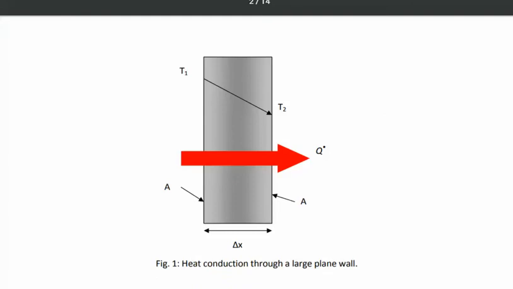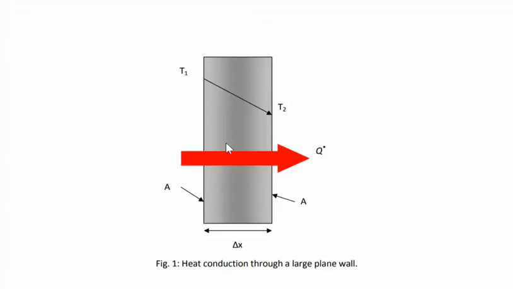Now you can see in this figure we have a plane wall where at the initial side we have temperature T1 and at the final side the temperature is T2. The energy entering the plane wall is the Q input, and the heat energy going outward from the plane wall is the Q output.